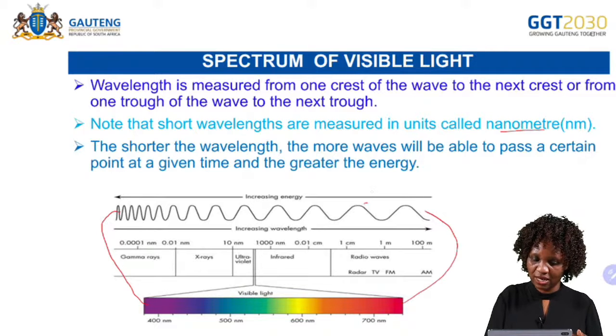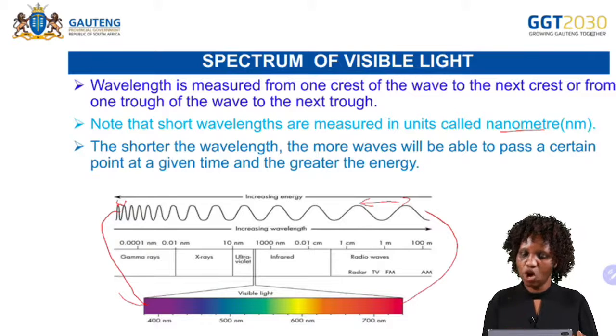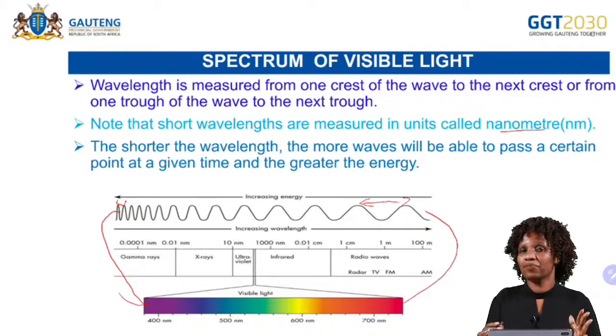You can see the wavelength is long. And the wavelength here is very short. But the violet has got the highest frequency because there will be a number of waves that will pass at a certain point at a given time compared to red, because red has got the longest wavelength.